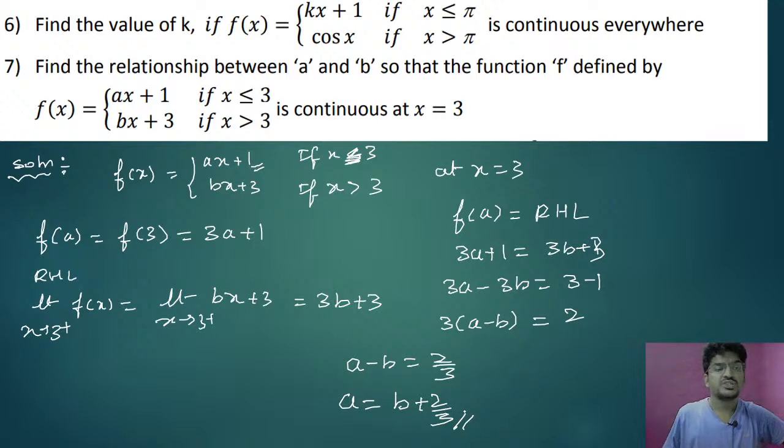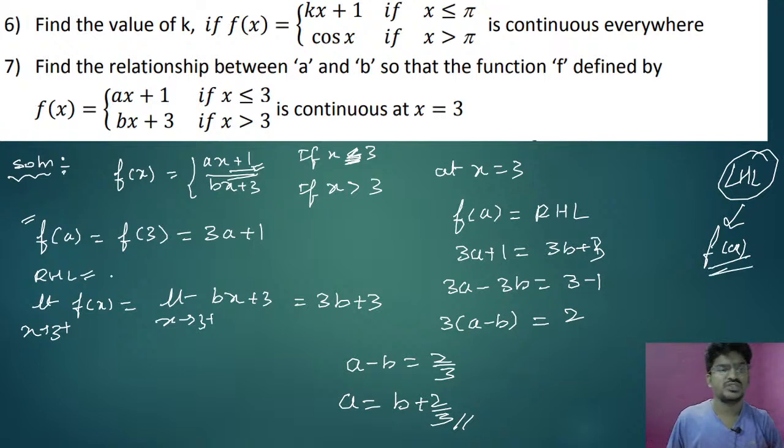Okay. So here LHL and RHL. You can see that this is the RHL term. F of 3 you can take 3a plus 1 directly. LHL no need to solve. Don't solve LHL because LHL is included in the first term, that is f of 3. So that's why you just solve f of 3 and RHL.